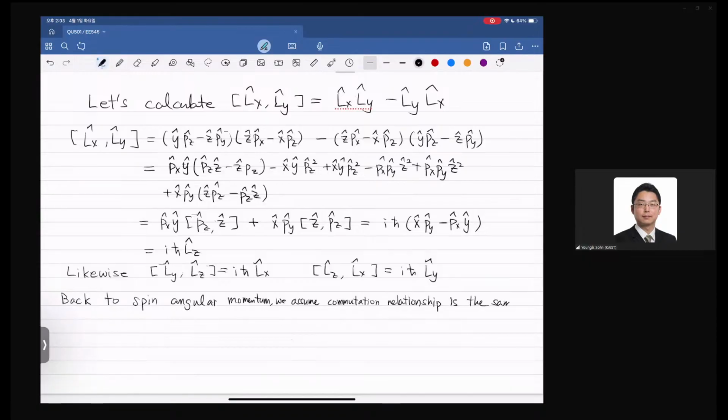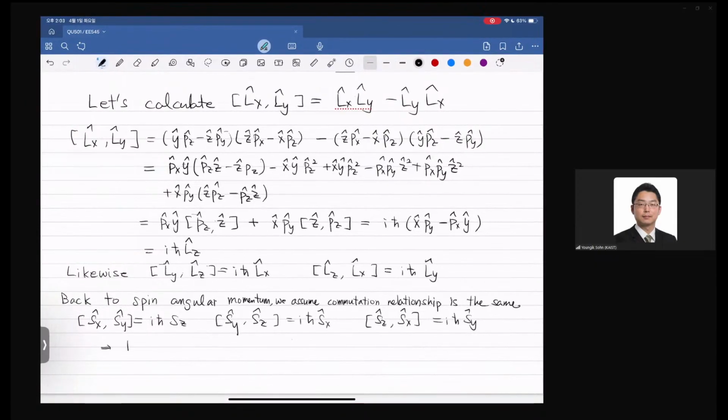So I'll just switch L to S. Sx, Sy is iħ Sz, Sy, Sz is iħ Sx, Sz, Sx is iħ Sy.